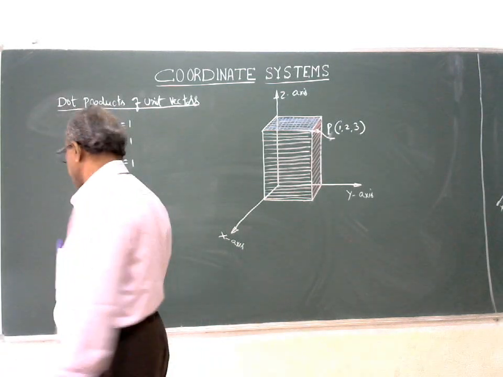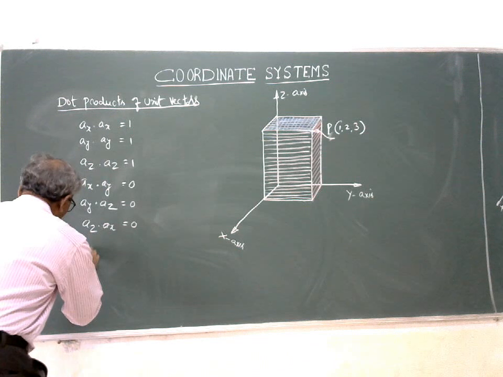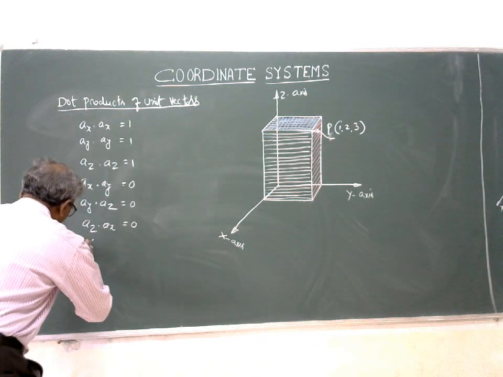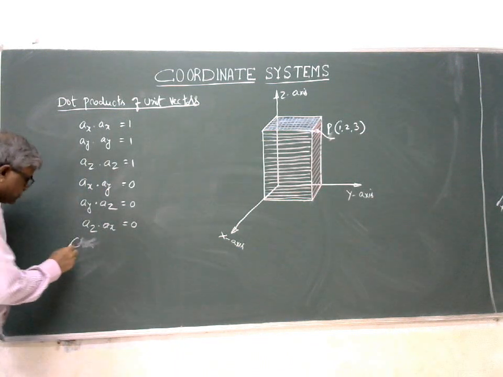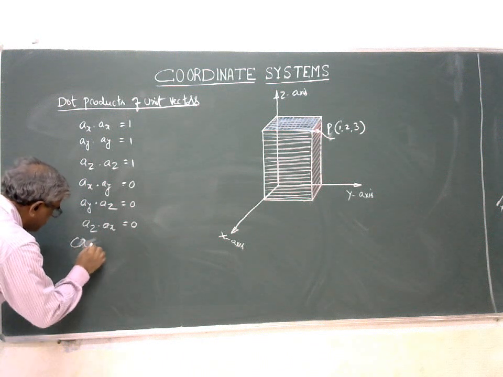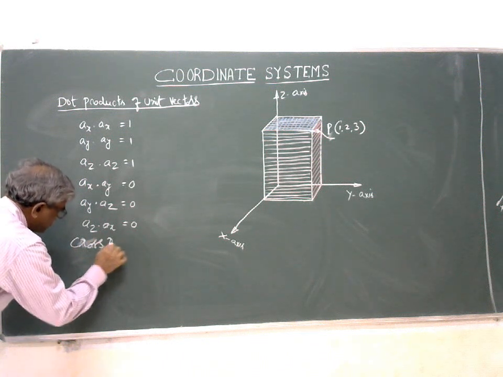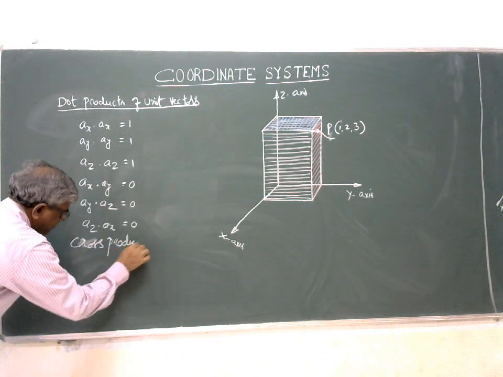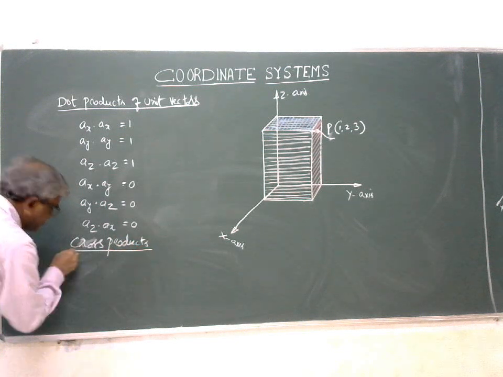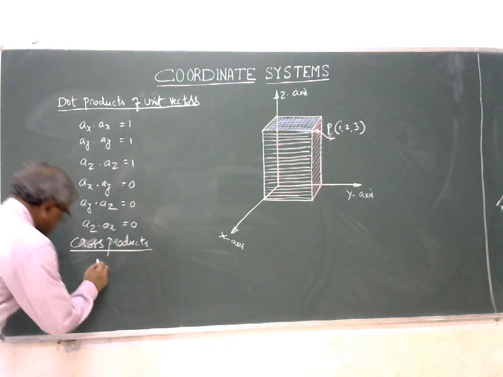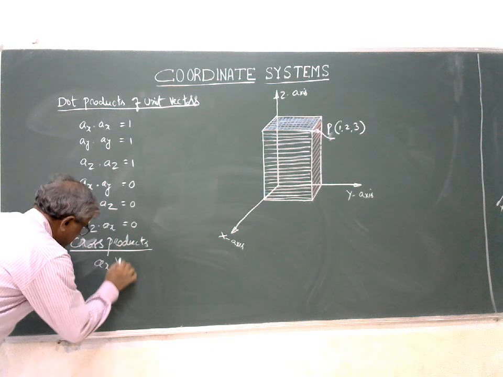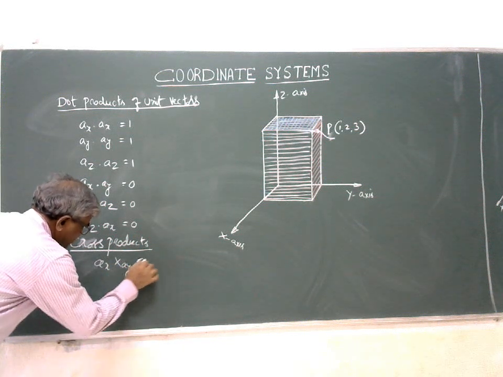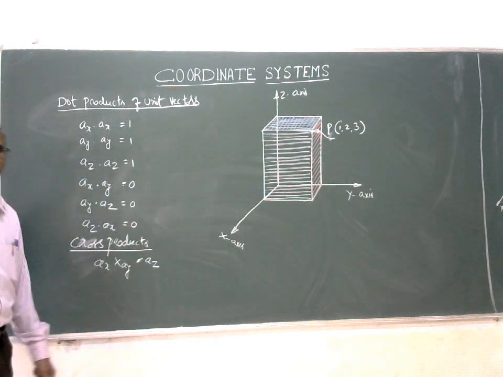Next, cross products. Ax cross Ay is equal to Az.